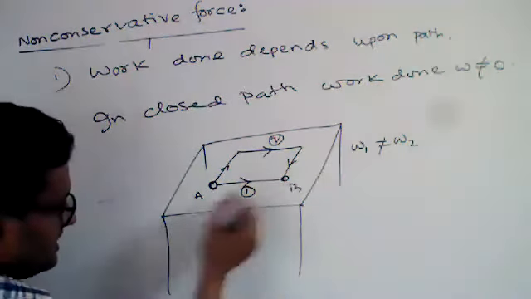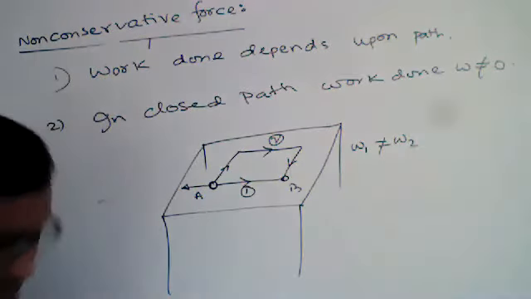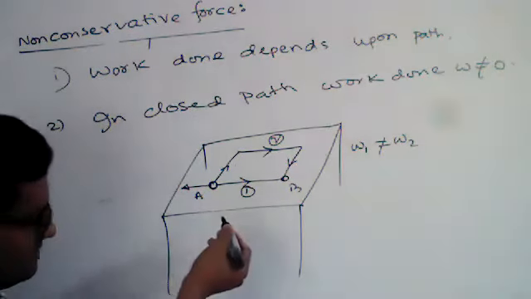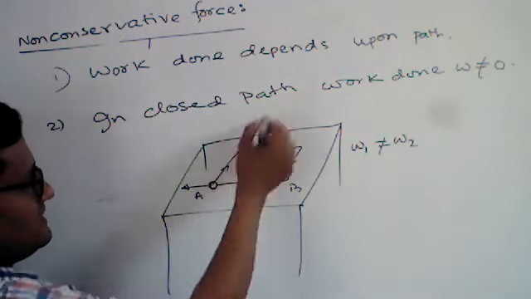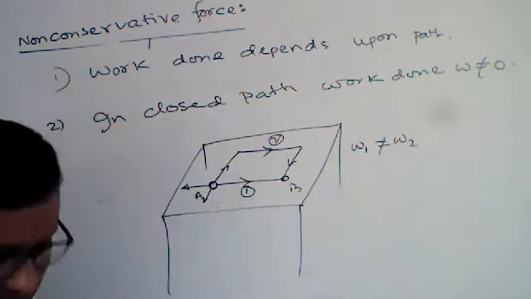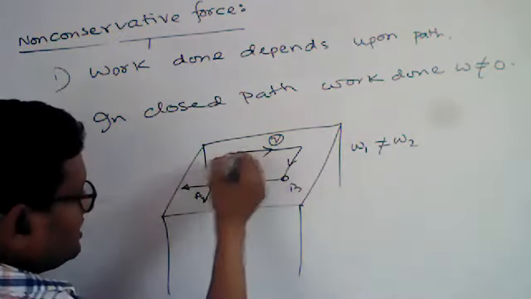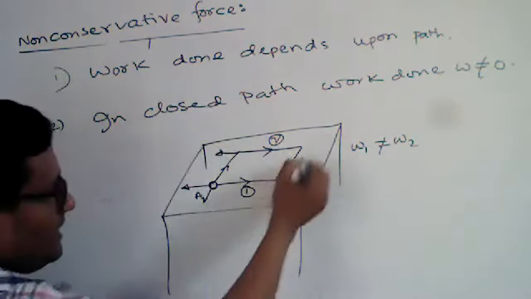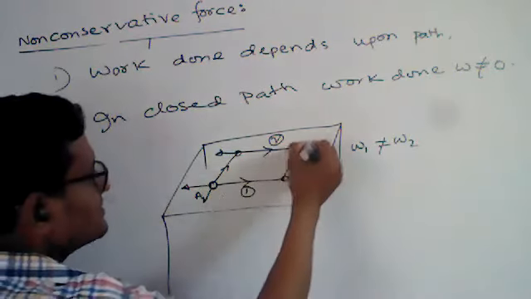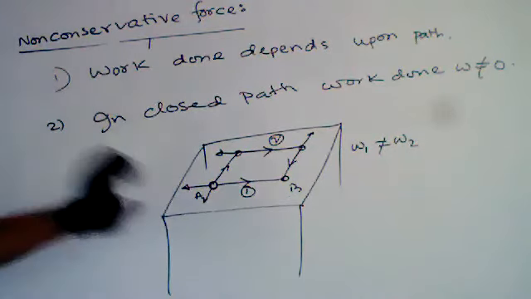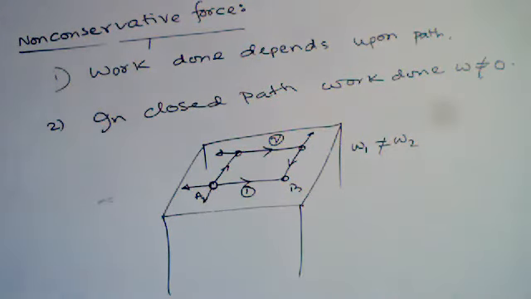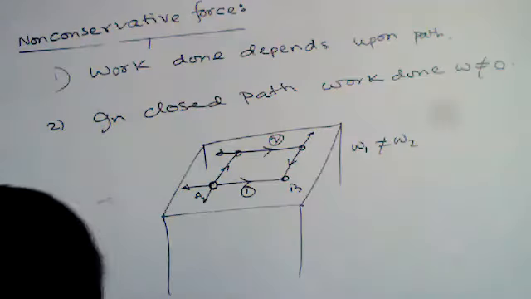When it goes in this direction, the frictional force acts in this direction, and on the other path, the frictional force acts in the respective direction. So work done is not 0 here. So W1 is not equal to W2. You have to remember this. So this force is called the non-conservative force.